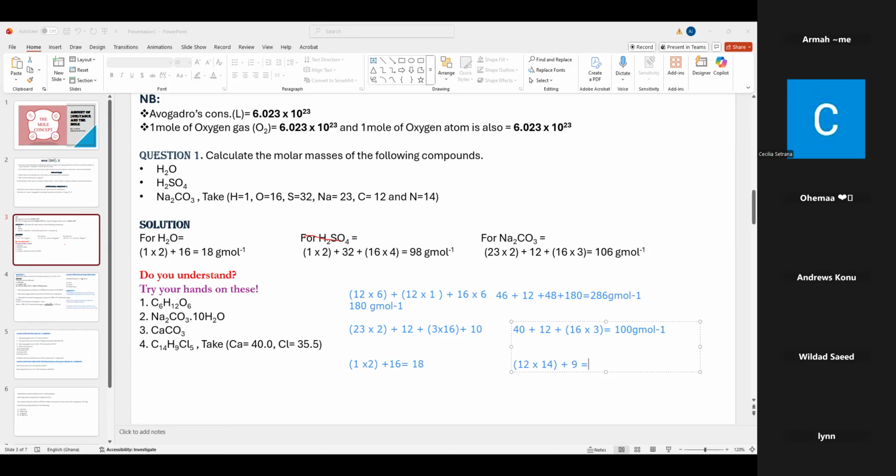Then plus 35.5 times 5, multiplying 5, yes. So we have 354.5 gram per mole.